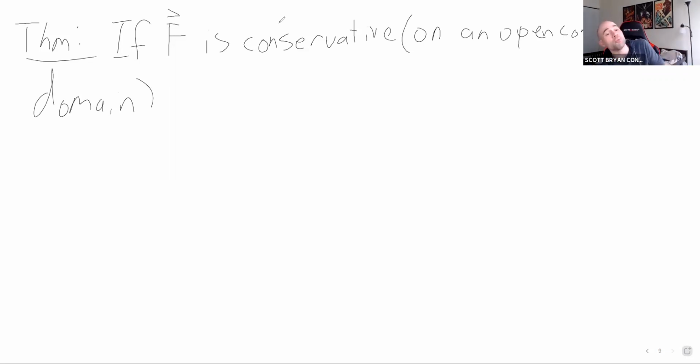So it needs to be conservative on an open connected domain. Open means around every single point in your domain you can draw a little ball, and all the points in that little ball are in there, and don't worry too much about it. And connected means you can draw a path entirely in your domain between any 2 points in the domain. So it consists of like one piece, essentially.